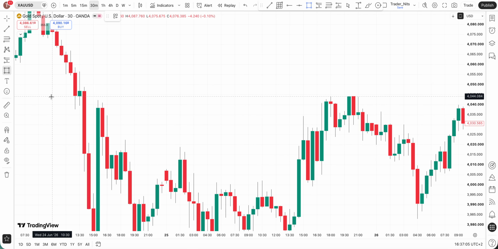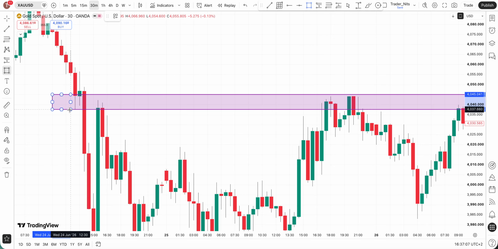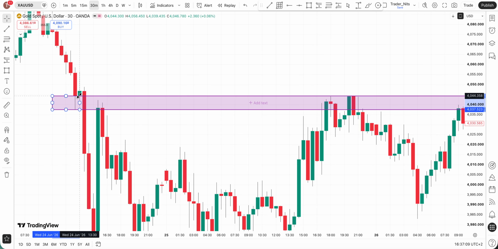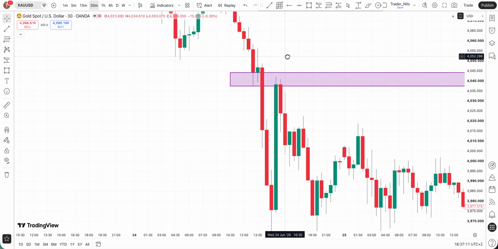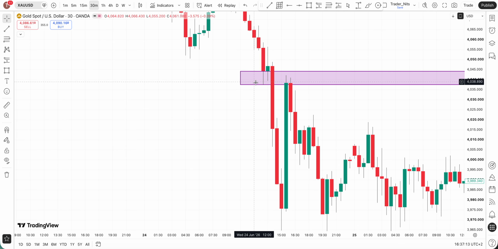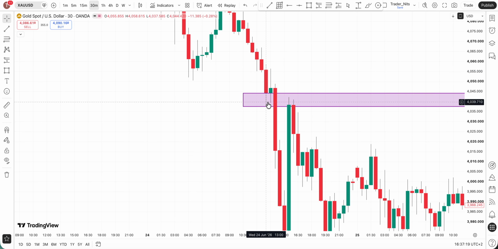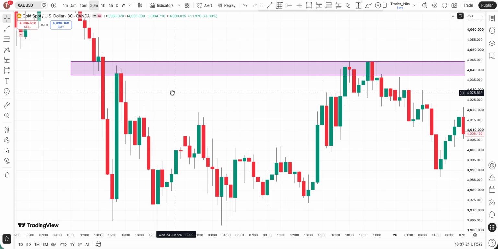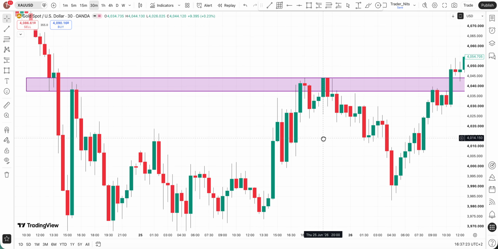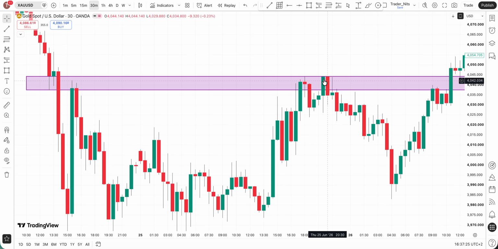I'll show you. So these wicks, can you see? Just like I marked this level, these wicks, before even these moves, can you see this move came right into the support, because I already marked this support level.